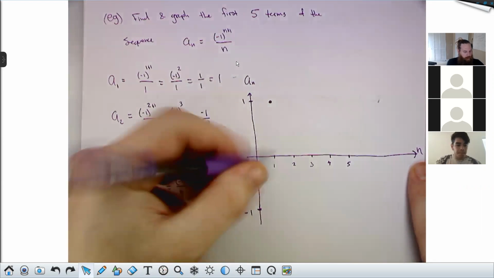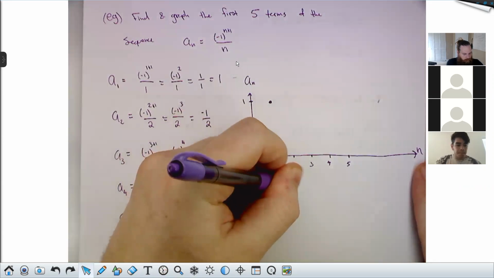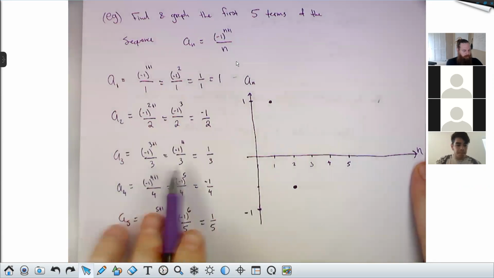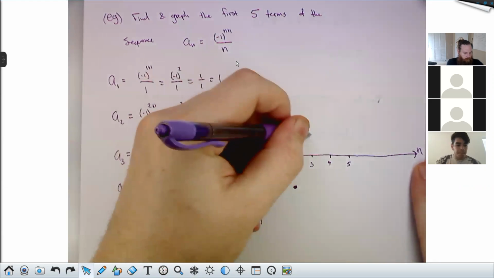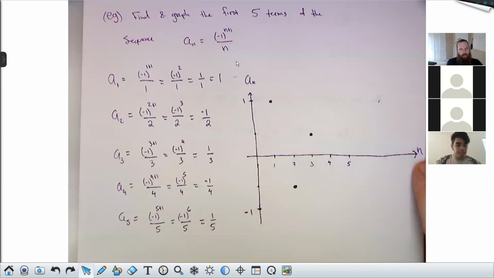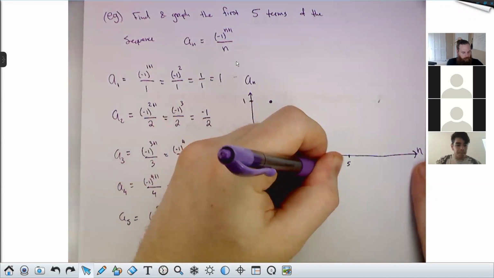A2 was -1/2. So I'll have the ordered pair 2, -1/2, which is right down here. A3 was +1/3. 1/3 is like right here. So 3, 1/3 is a point on my graph. A4 is -1/4. So 4, -1/4 is on my graph.